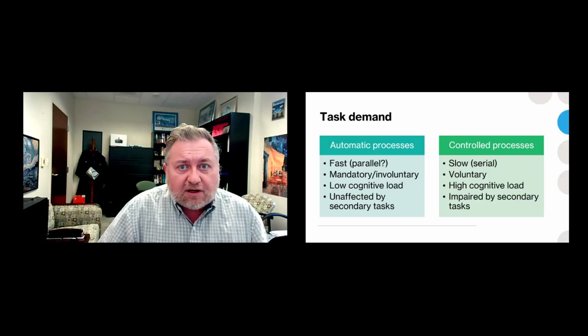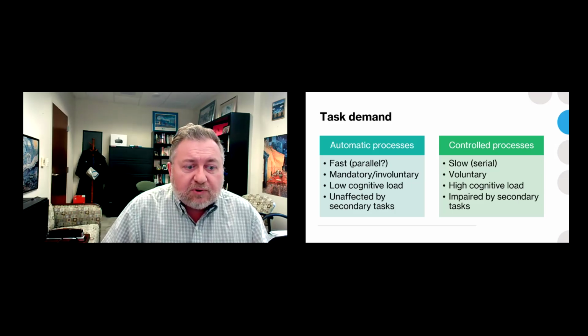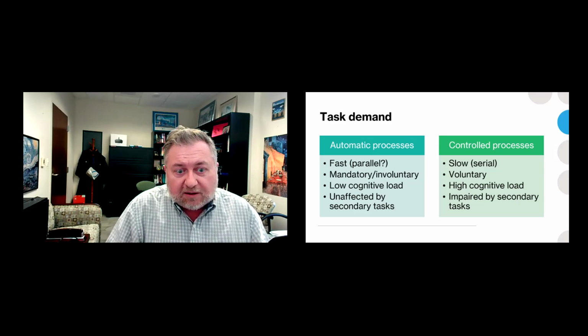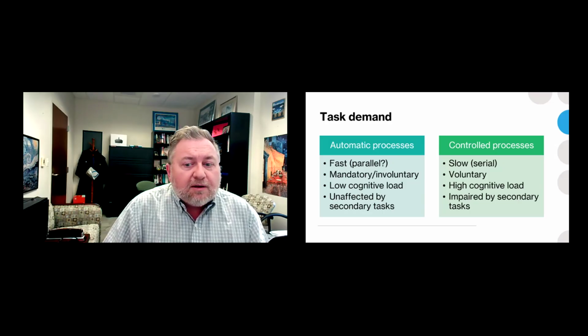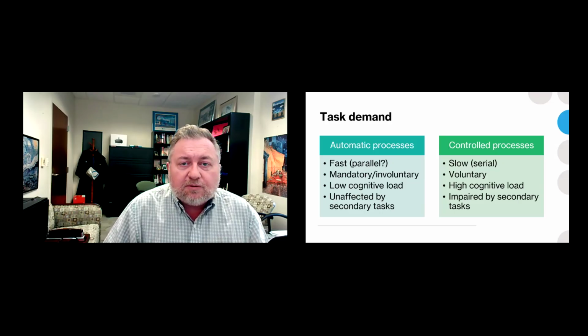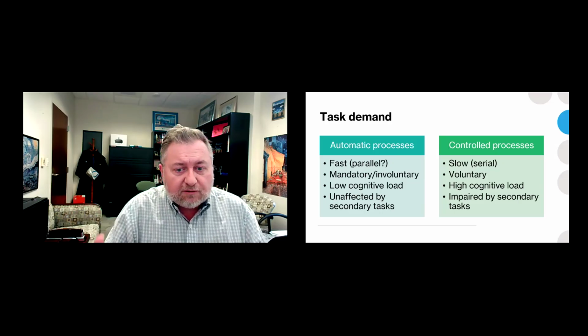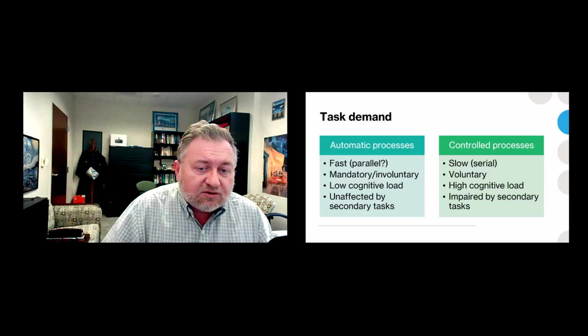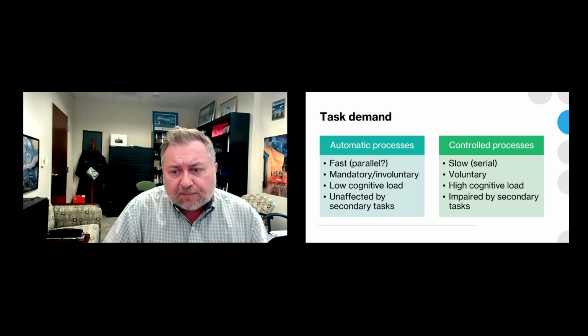Meaning you can search the entire screen and detect the presence or absence of features in parallel with each other. So that could be an automatic process, right? But a controlled process, like a conjunction search, is slower because perhaps it is serial. You have to do one thing and then another in series. This is just simply going to take more time.